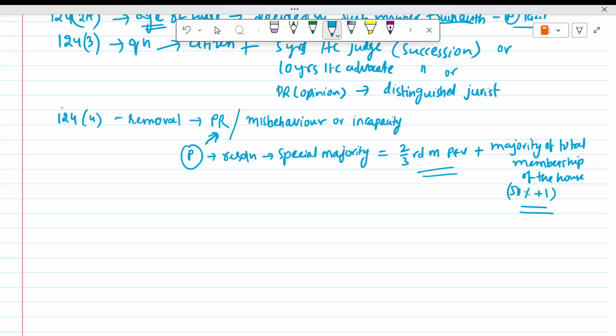You can take some random numbers and check, but it is not required. You simply remember special majority. So when Parliament passes a resolution with a special majority to remove this judge, then the President will remove. The grounds are misbehavior and incapacity, and this has to be done in the same session.